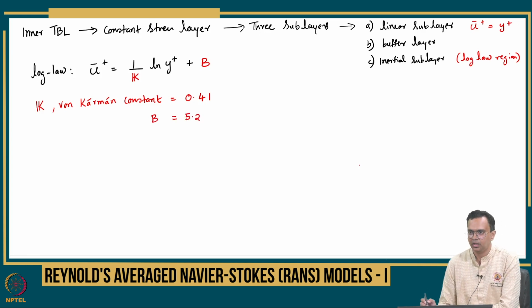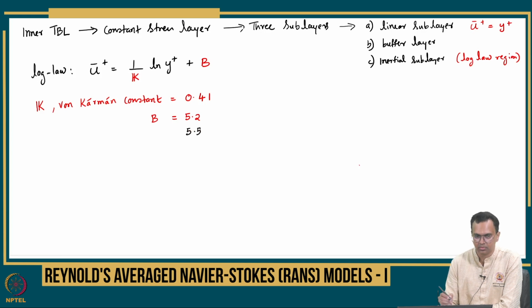Now the logarithmic law, or so-called log law, people say it is universal, but sometimes you do see this value changing to 5.5 or 5.3 and so on, depending on whether it fits their data.